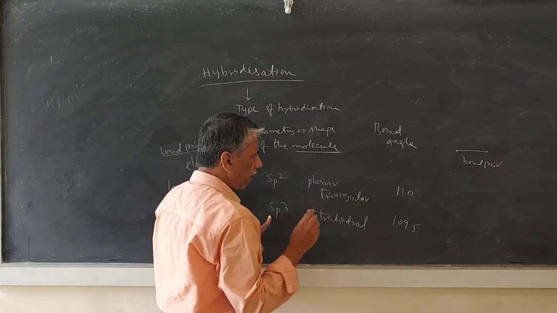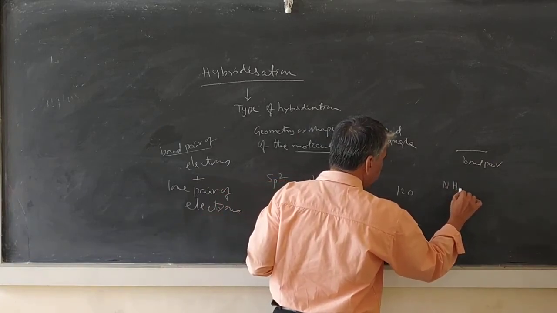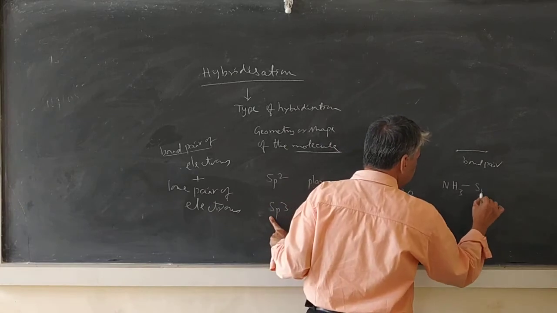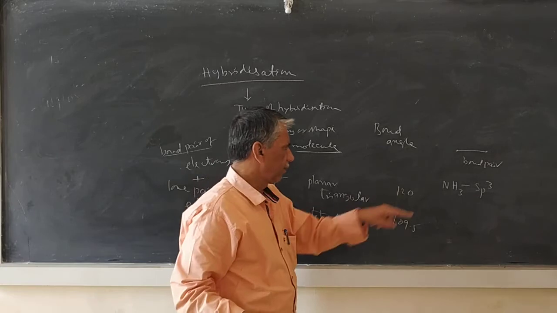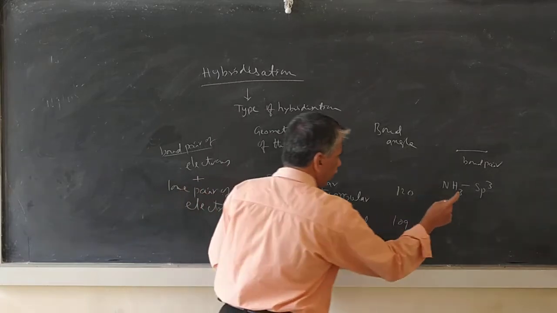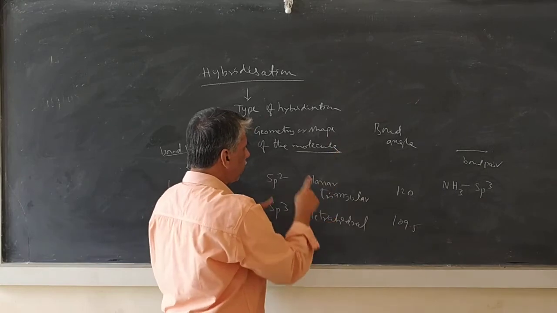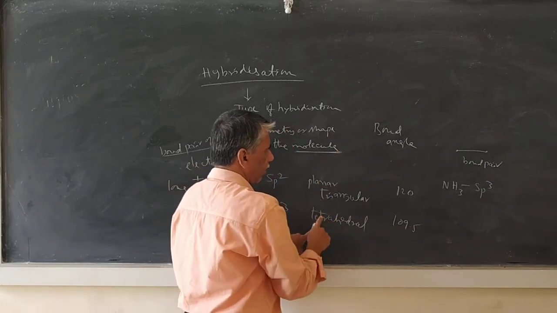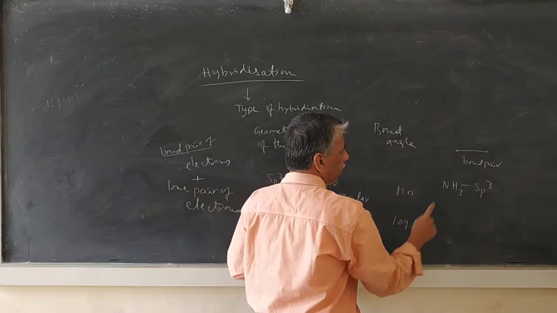For example, in the ammonia molecule, the hybridization involved is sp3. If the hybridization is sp3, what geometry will you expect? You will expect tetrahedral, and what bond angle? 109.5.